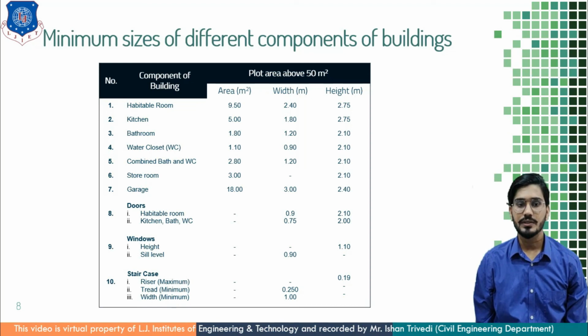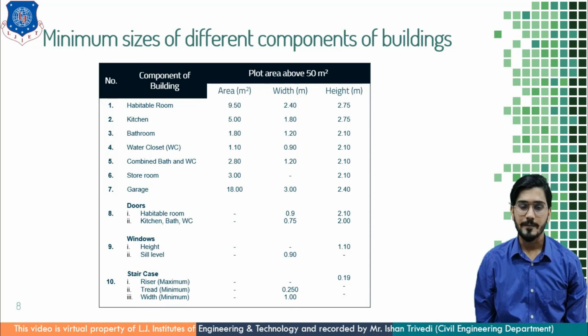Then for windows, the height is 1.1 meter minimum, you can take 1.2. Then sill level, from the floor level to the bottom of the window, is minimum 0.9.